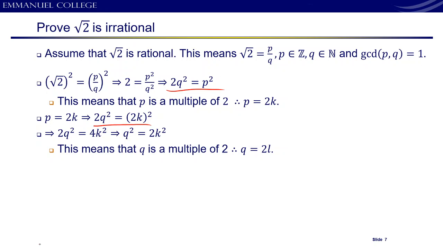But remember our original statement. Our original statement made the claim that it was a rational number, which meant that p was an integer, q was a natural number, and the greatest common divisor of p and q was 1. Well, now I have that p is a multiple of 2, and that q is a multiple of 2 as well. So because of that, there's your contradiction.